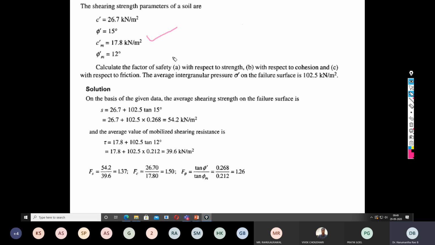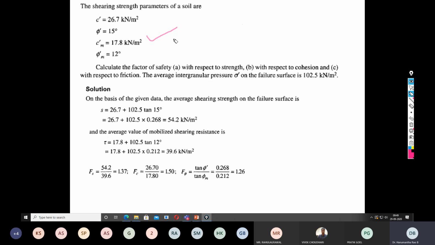They will increase. That means if the entire soil mass has to be displaced from that particular location, the C value and phi value shall start from 17.8 and 12 and should reach up to 26.7 and 15. Then only there is a complete dislocation of that soil mass.